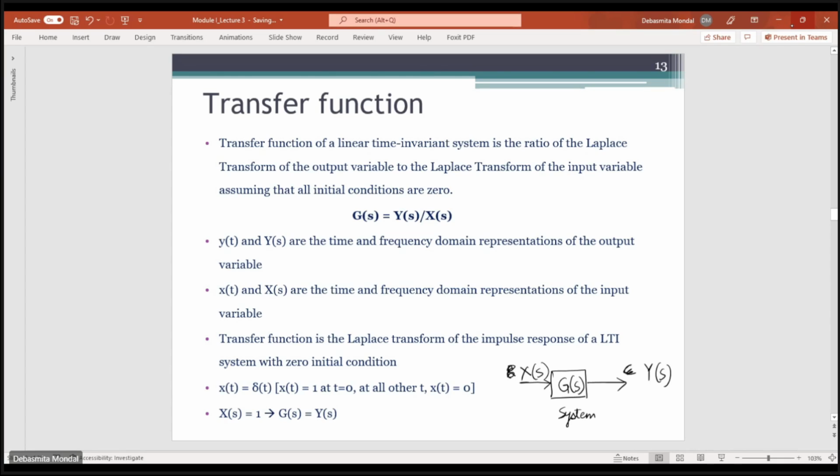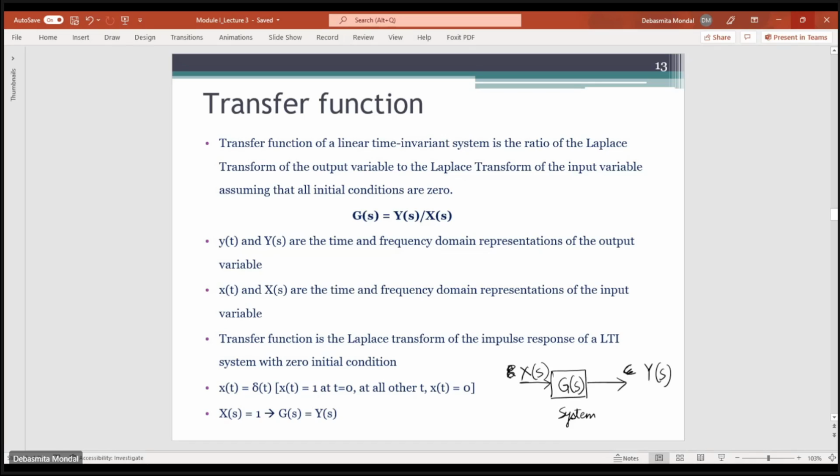Now another definition of transfer function is that it is the Laplace transform of the impulse response of an LTI system. Why impulse response? Because if you write the equation for an impulse, x(t) is equal to, let us say, an impulse function, delta(t). Delta(t) or impulse means what? That at time t equals 0, x(t) has a value of 1, and at all other values of t, the value of x(t) is equal to 0.